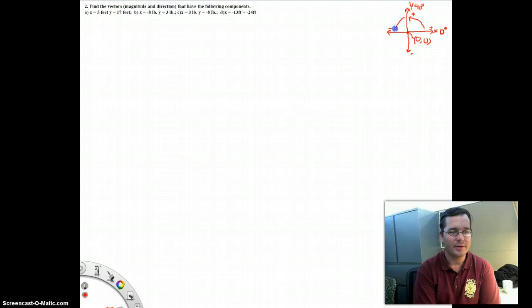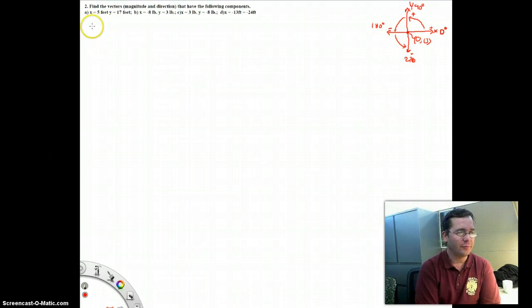Then if we came another 90, the negative x-axis is at 180 degrees, and the negative direction on the y-axis is at 270. And then, of course, if you came all the way around, you'd be back at 360 degrees, a full circle.